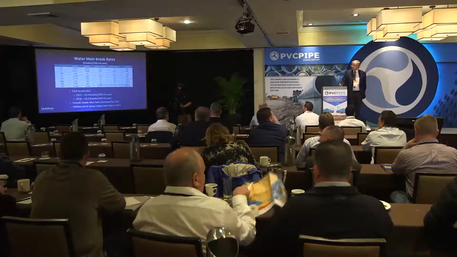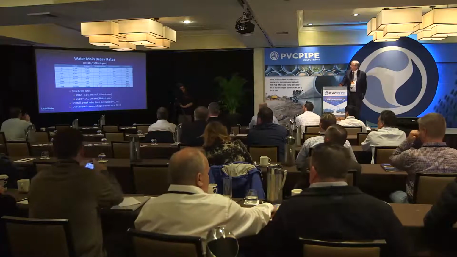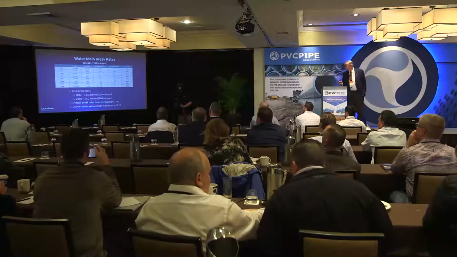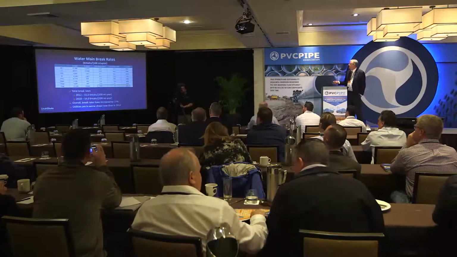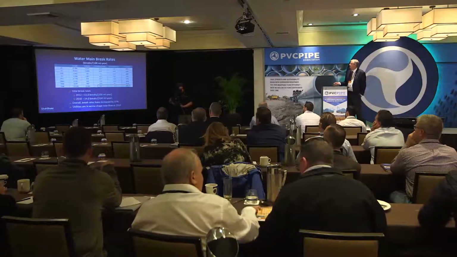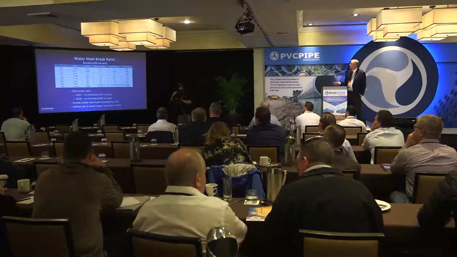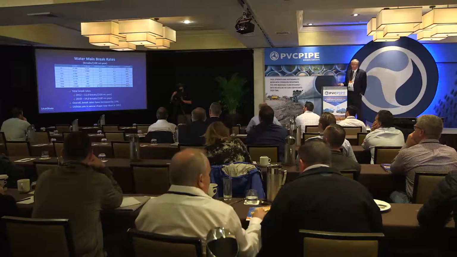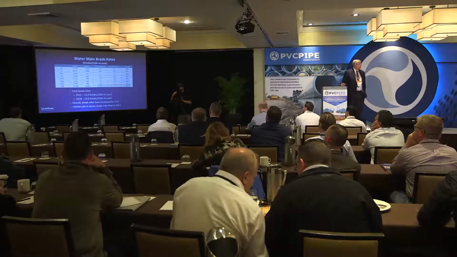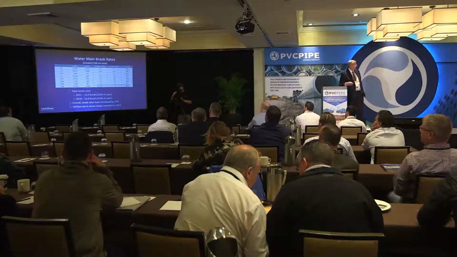I know that's hard to read, but there's our summary of the data. In this column are the 2018 break rates for each of those materials, here are our break rates in 2012, and here's the change in break rates between the two surveys.